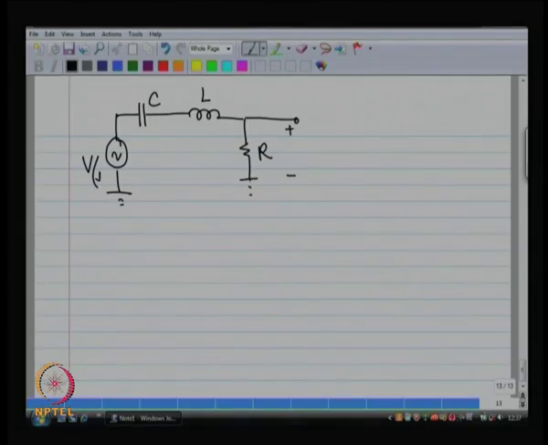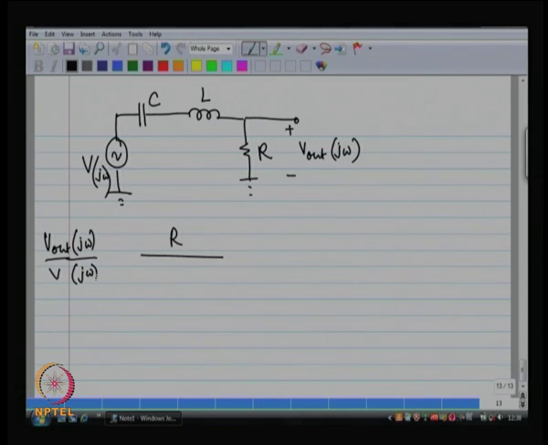So, this is a resistive divider, right, and this is what we have got.